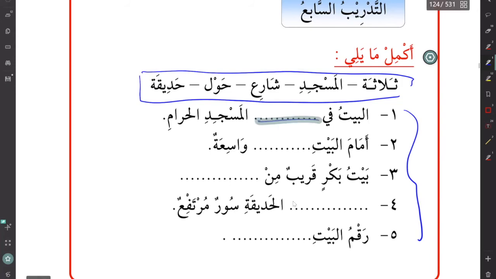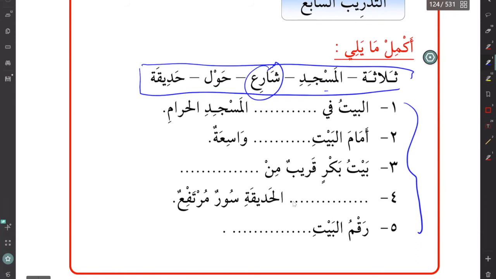So the house is in what? It's the shari'. Shari' is the street. Shari'il masjid al-haram. So the house is in the street of the sacred mosque. Yes?